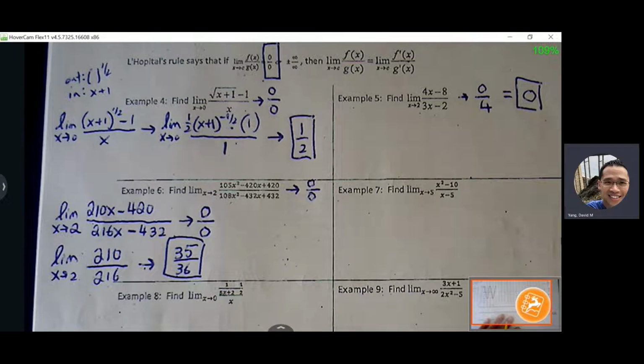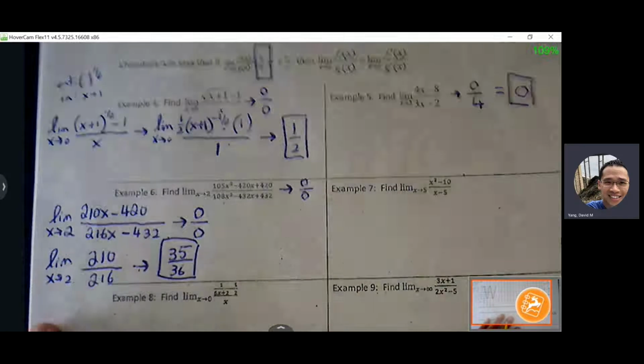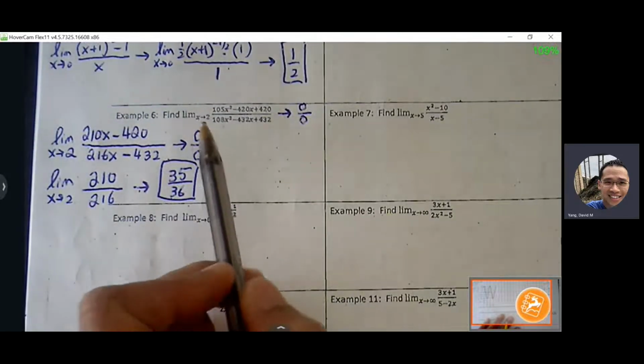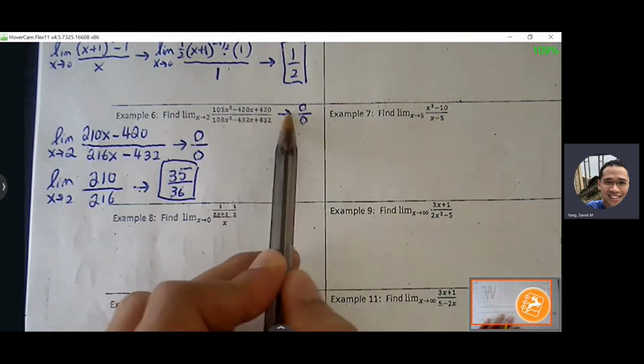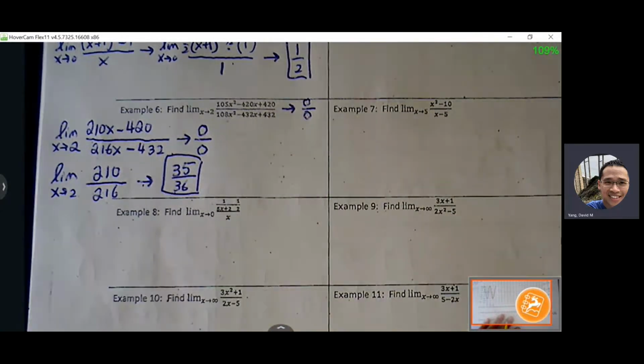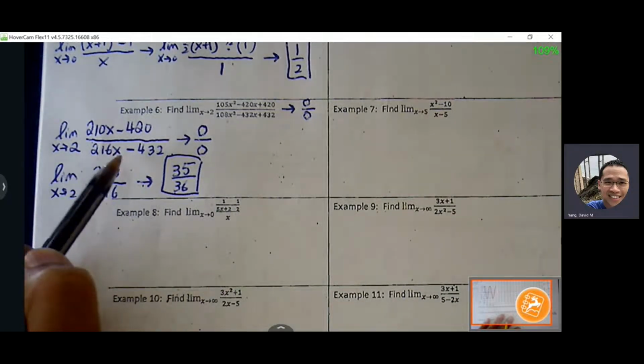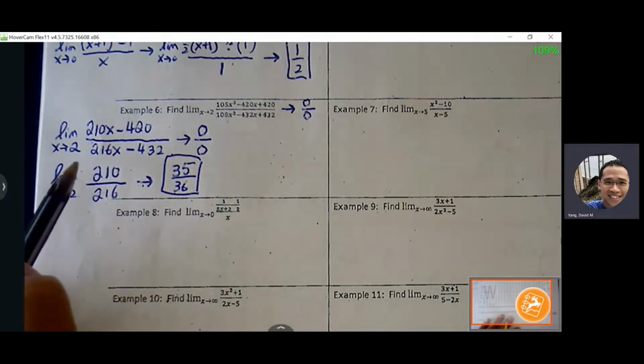In example 6, we saw that this is a messy rational function, but if I insert 2, I get 0 over 0, and that gives me the green light to do L'Hopital's rule once. Okay, so I find the derivative of the top, derivative of the bottom, but as soon as I do that, I need to reevaluate.